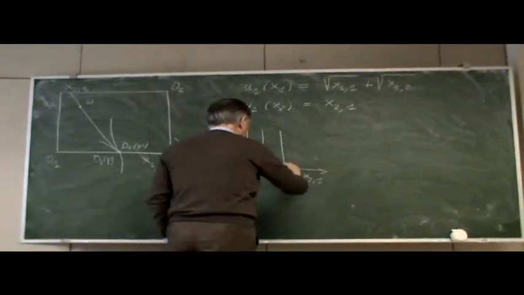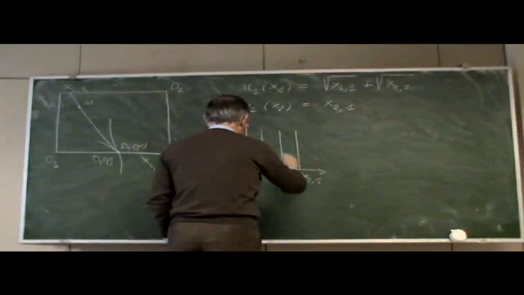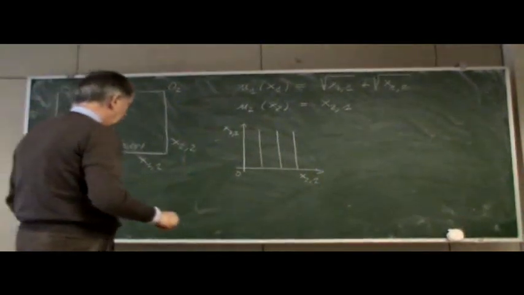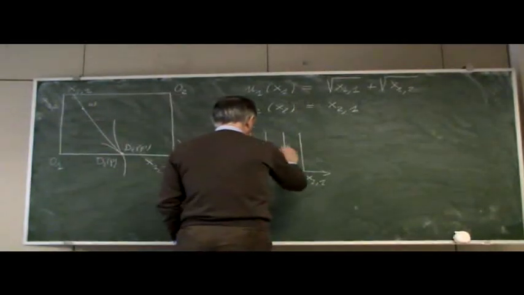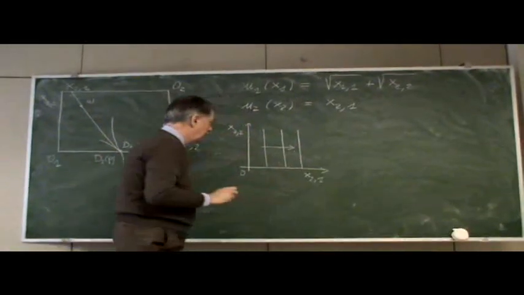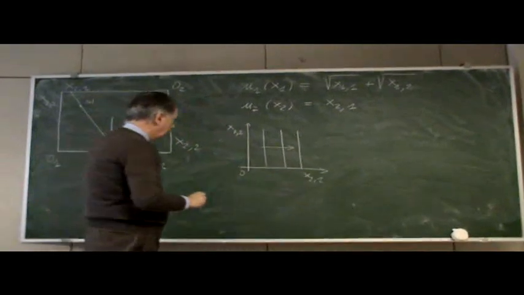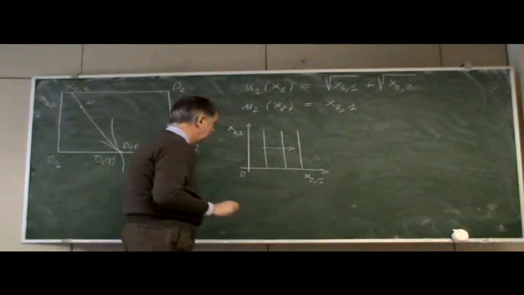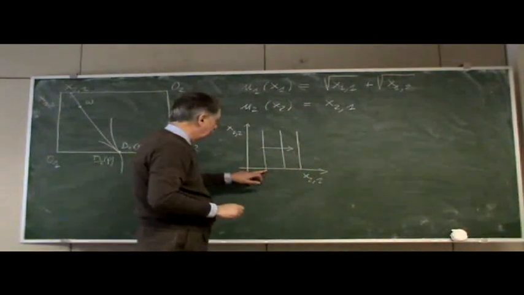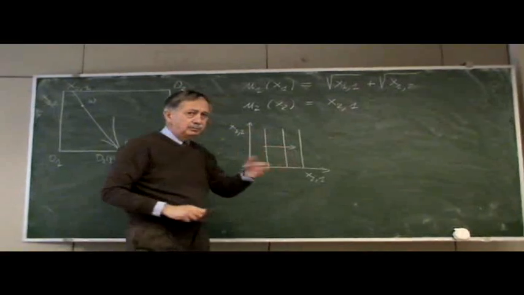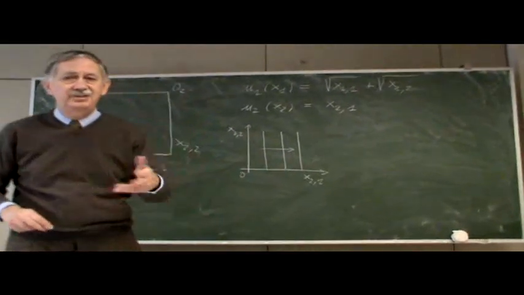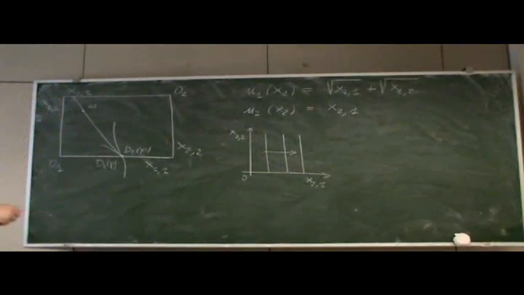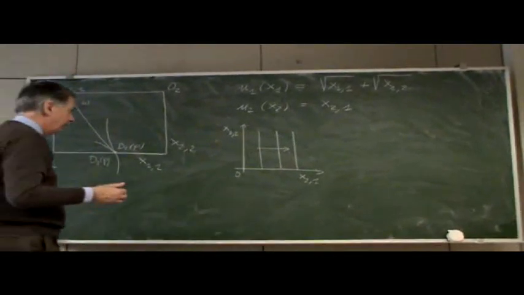There are straight lines parallel to the second coordinate axis. Utility increases obviously in this direction. Note that only the quantity of good one is relevant. Given the quantity of good one, every quantity of good 2 gives the subject the same utility. This is the form of the preferences of the second subject.